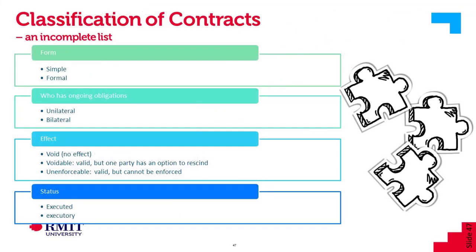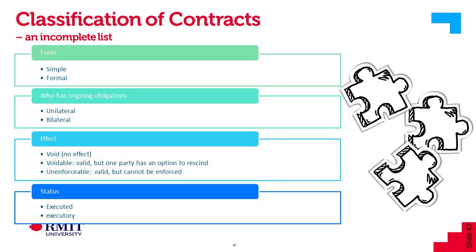We also use this classification of simple and formal contracts. At the end of the day, I'm not sure what use that particular classification gives us beyond a formal or a documented contract is usually encapsulated in one instrument, in one set of things. But we know already that a contract can be created orally, it can be created in writing, or it can be a bit of both.